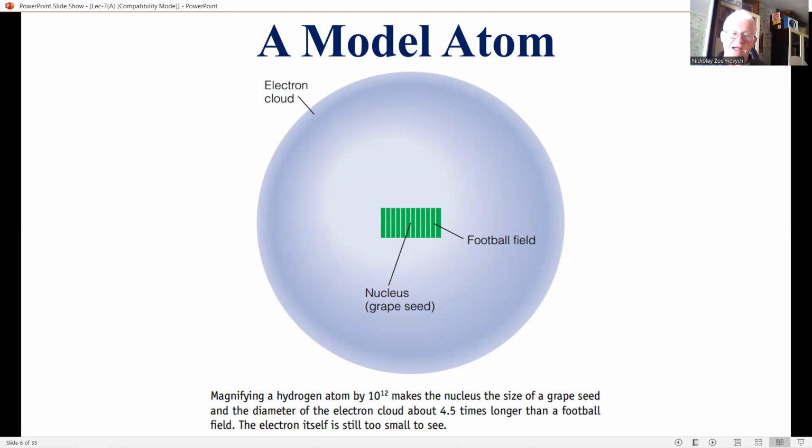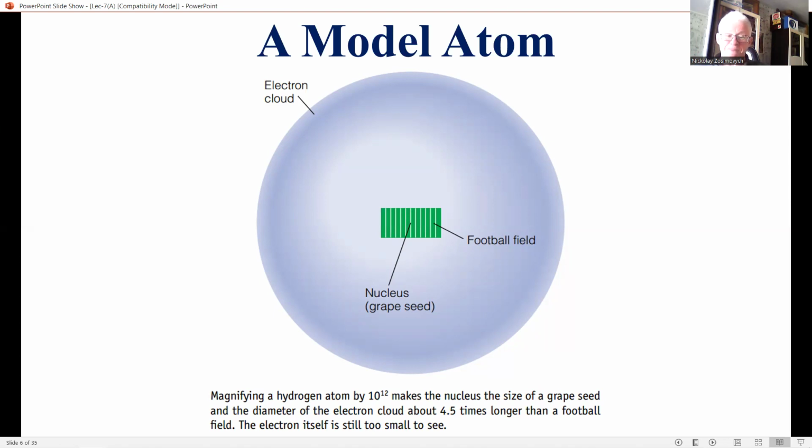Even though a single atom is not a massive object, a hydrogen atom, for example, has a mass of only 1.67 times 10 to the power minus 27 kilograms. An atom is mostly empty space.